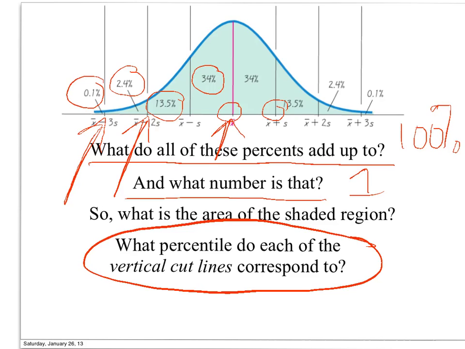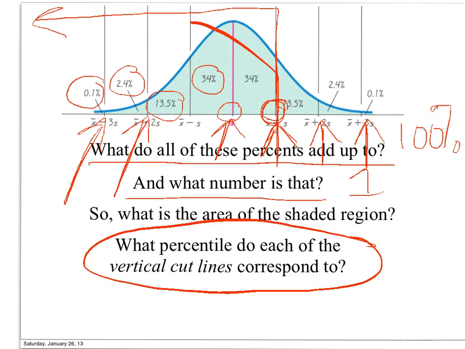So now maybe you can figure out what percentile is represented by this vertical line, what percentile is represented by that one, and what percentile is represented by that one. For this one, you would just take that mark off right there, make a vertical line, and then figure out what percent of the area is to the left of that value. It's just like reading that normal curve. So you just add up these percents, and that will tell you what the percentile is for that particular spot, which is, of course, the spot with a z-score of 1.